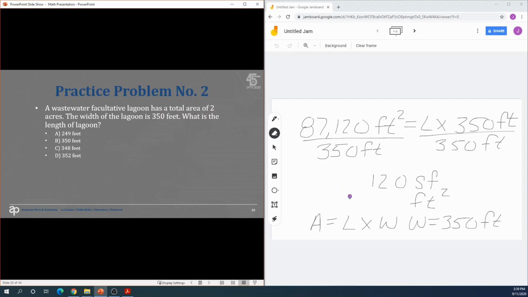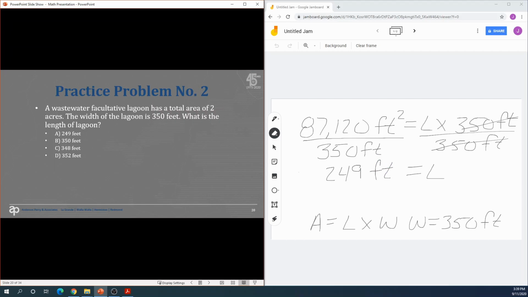And what we have is 350 feet on the right side is going to cancel. We're left with just the length. And then on the left side of the equation, we have 87,120 divided by 350 is equal to 249. Our units are going to be feet.